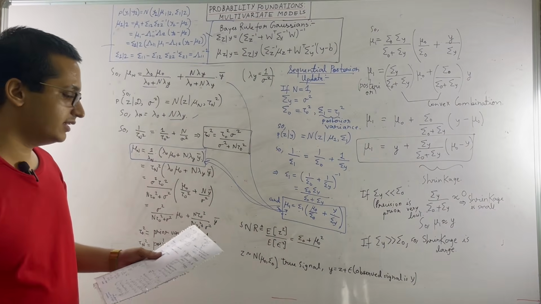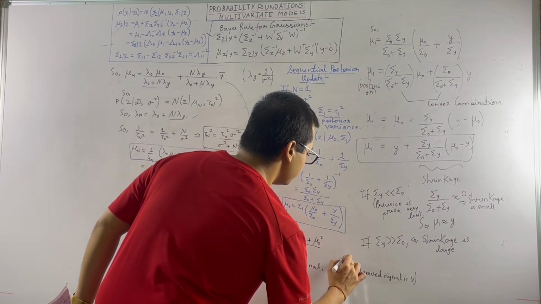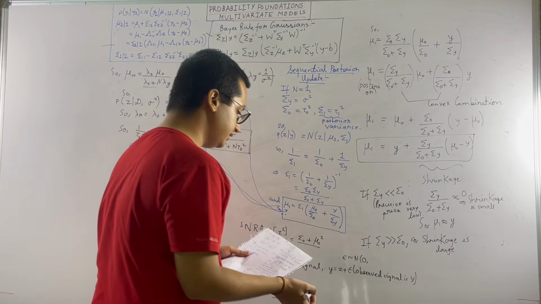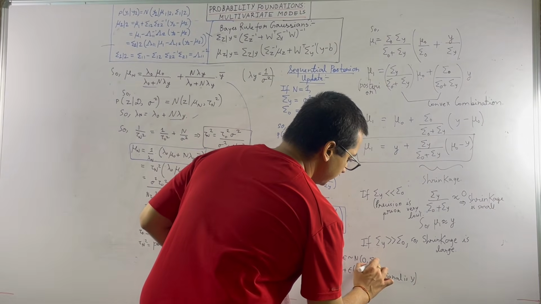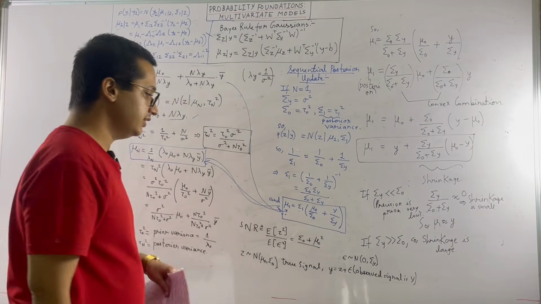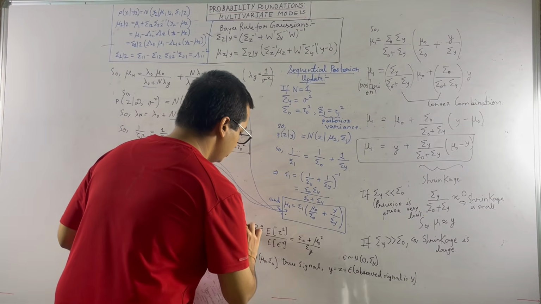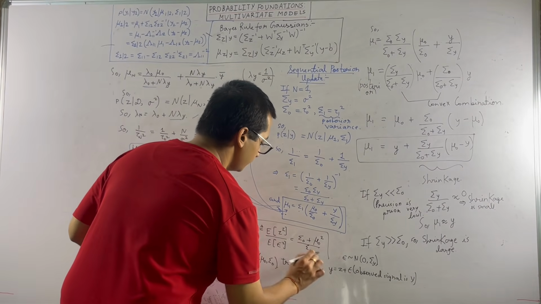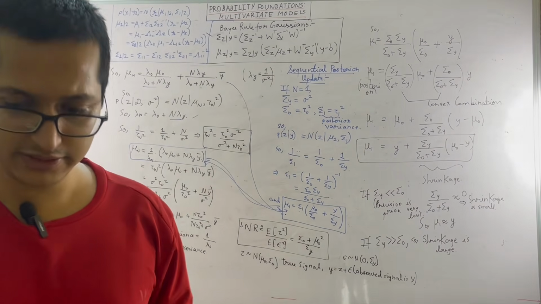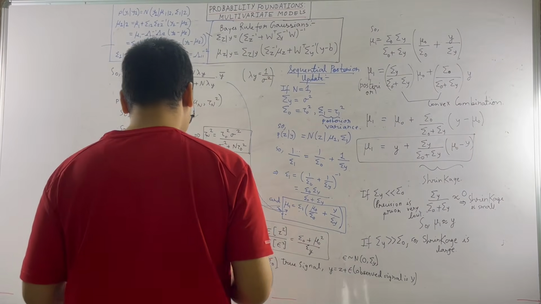The noise comes from a normal distribution with zero mean and some variance. So what is this sigma y? This is the signal to noise ratio, or SNR. We want the SNR to be as high as possible.